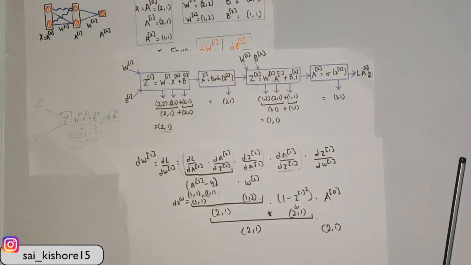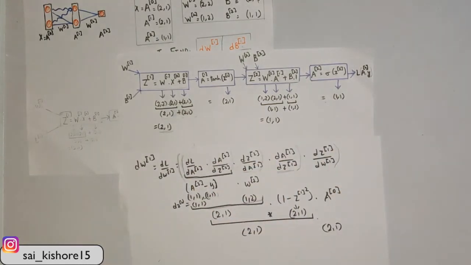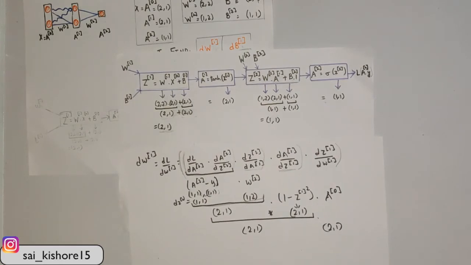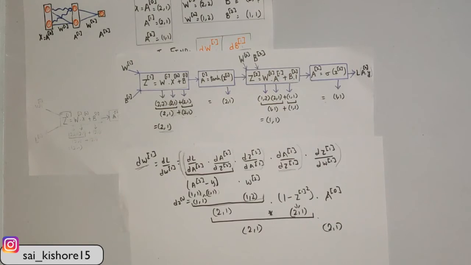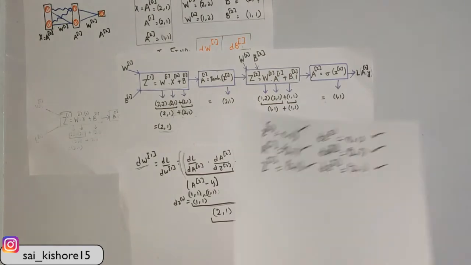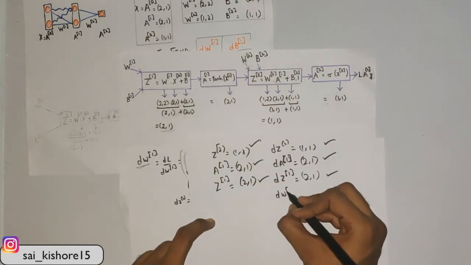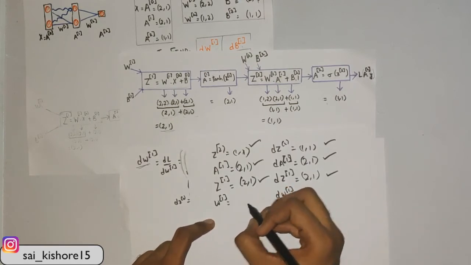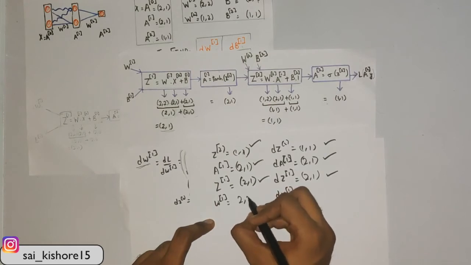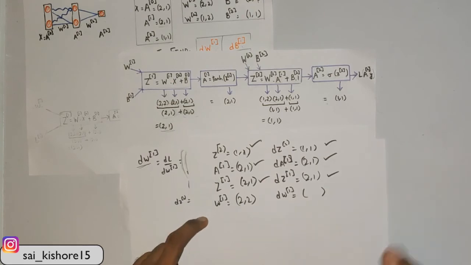Now our goal is to find the full term's derivative, which is dw1. dw1 corresponds to w1, so ultimately dw1 will be subtracted from w1. So they should be of the same shape. w1 is of the shape 2, 2, so we want dw1 also to be 2, 2.